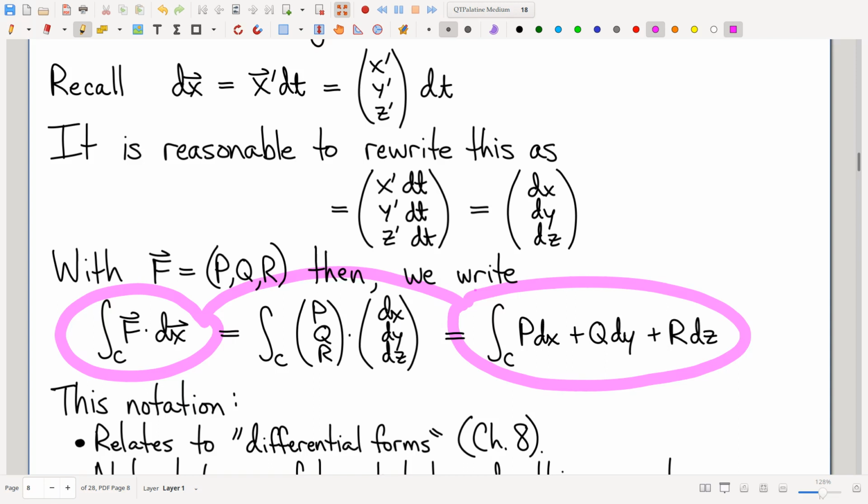Unnatural in a way. I mean, let's take a moment to appreciate this notation on the left. F is the force, or if we're talking about fluids, it's the velocity. It's something physically natural. The dx is a displacement along the curve. It's geometrically natural.